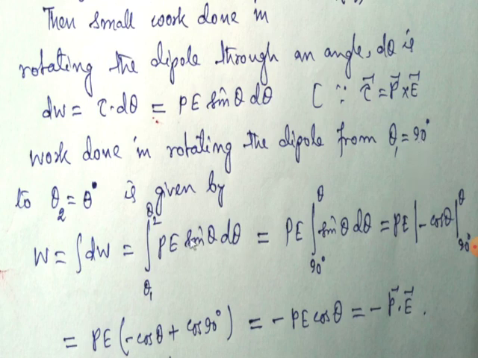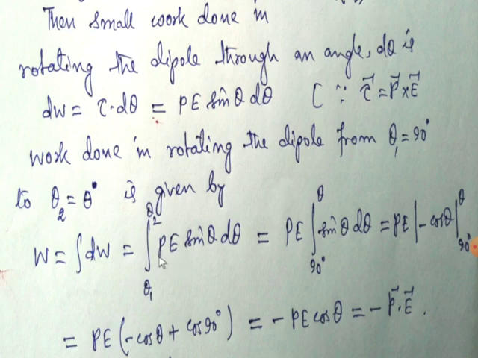Now your total work done will be equal to the integration of such small dW's for small angular displacement d theta. We can't use summation, since the number is numerous, so we have to use integration. So W is equal to the integration of such dW's from theta 1 to theta 2.